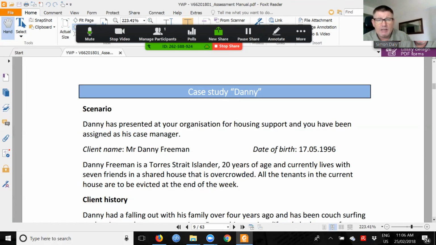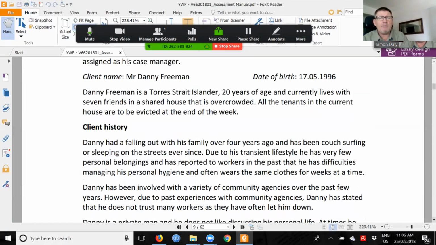So Danny is 20 years of age, out of date, and currently lives with 7 friends in a shared house that's overcrowded. All the tenants of the current housing are being evicted at the end of the week, so you've got 5 days to find something for Danny. Now, Danny Freeman is a Torres Strait Islander, 20 years of age, currently lives with 7 friends.